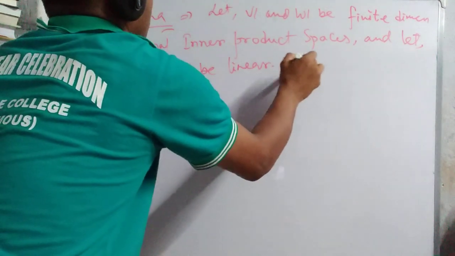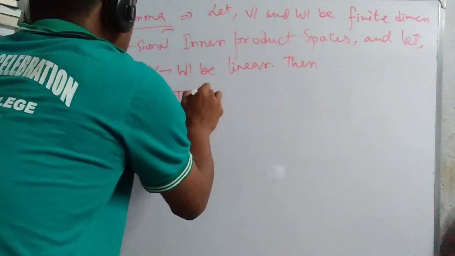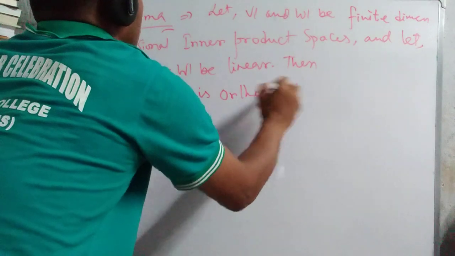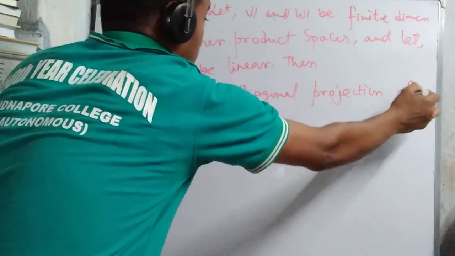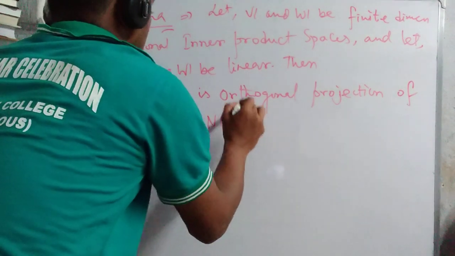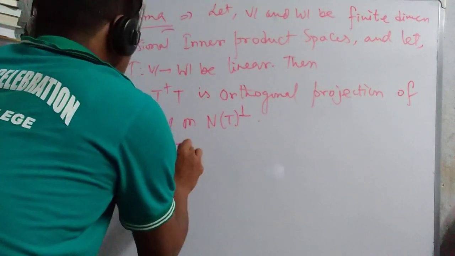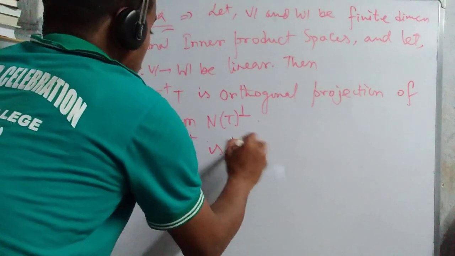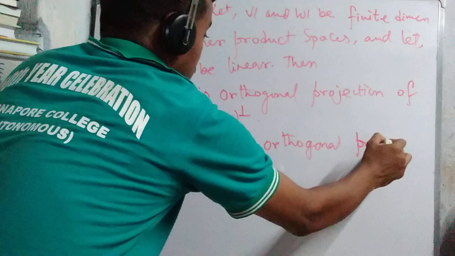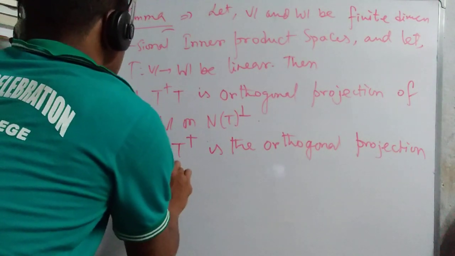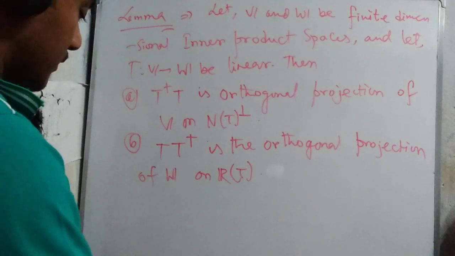Then first, T dagger T is the orthogonal projection of V on N(T) perpendicular. And T T dagger is the orthogonal projection of W on R(T). We now discuss the proof of this lemma.